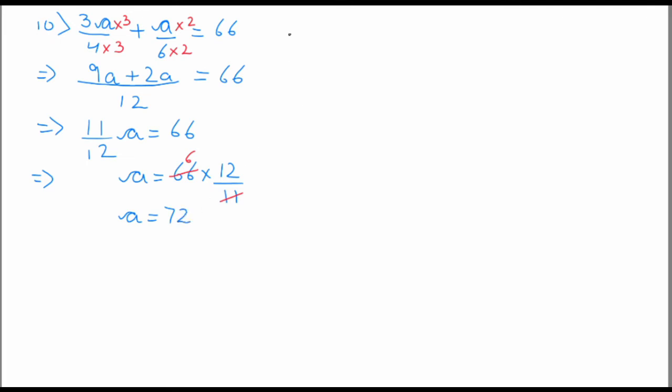Coming to the 11th sum, it's 2p by 3 minus p over 5 equals 35. And the LCM of 3 and 5, both are prime numbers, will be the multiplication of them, that is 15. 3 5s are 15, 5 3s are 15.